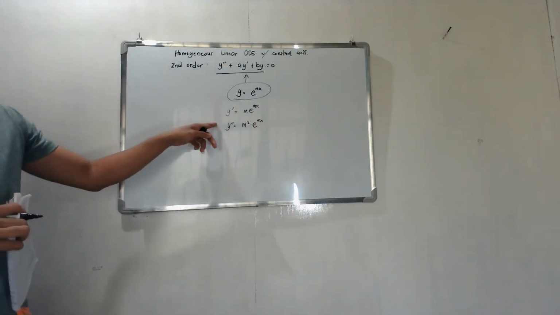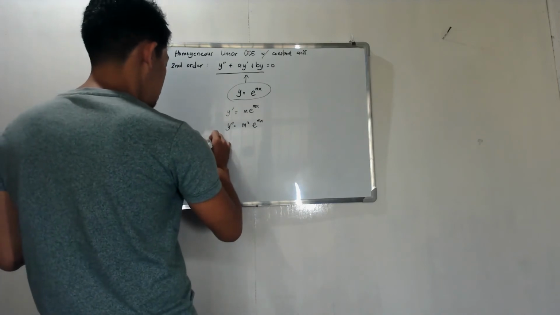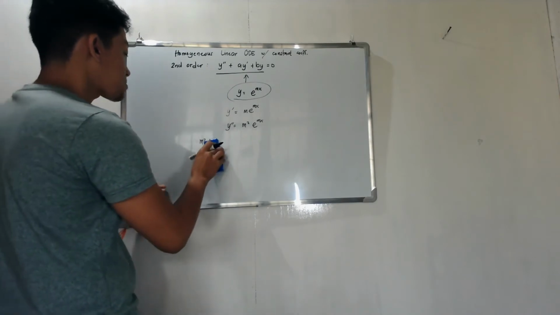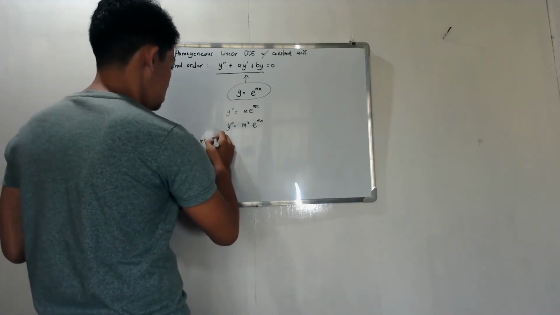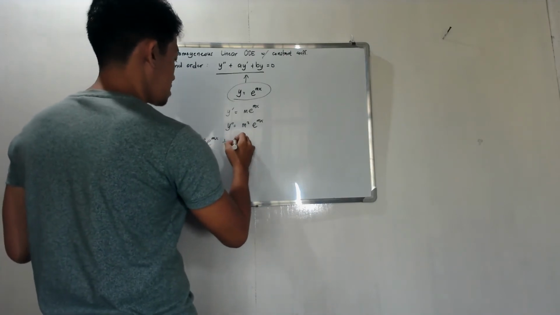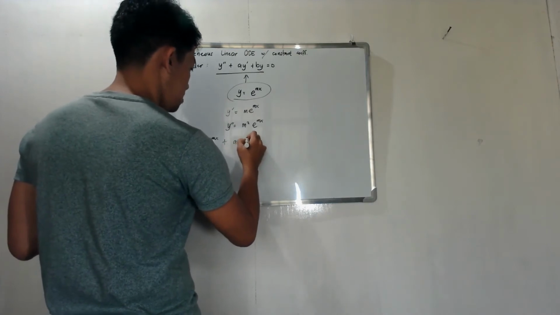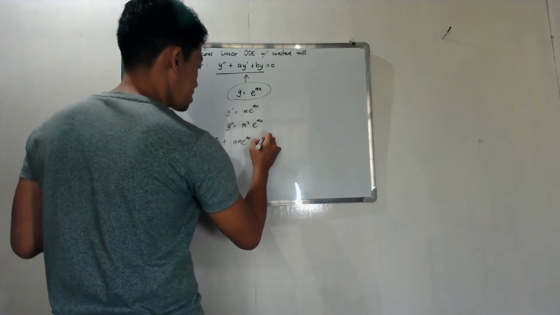We will now substitute this here. We will get m squared e to the mx plus am e to the mx plus b e to the mx.